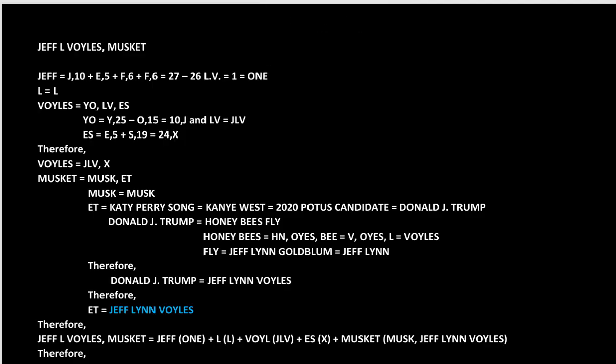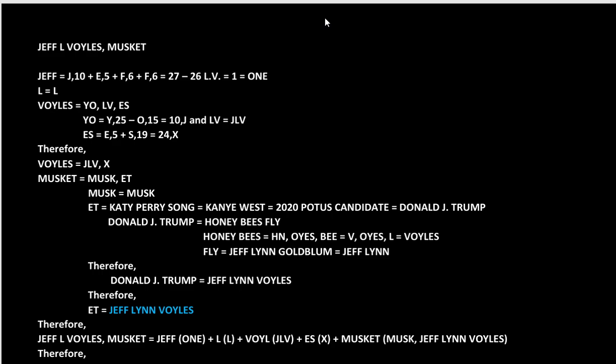All right, so Jeff L. Voiles is holding a musket rifle in the photograph. Take the first name Jeff: J10 plus E5 plus F6 plus F6 is 27. Break that 27 down to its letter value. Letter value of 27 is 1, which is spelled O-N-E. Middle initial L remains the same.